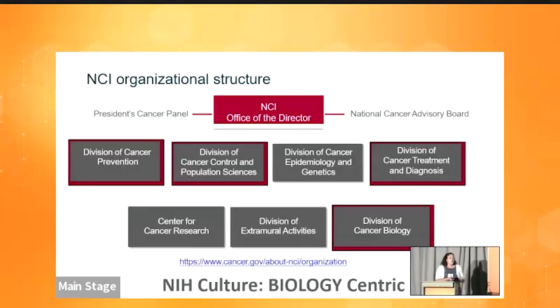The other thing that's really important though, is you need to understand the culture of any organization that you're sending your grant applications to. This is true of NCI or NIH or DOD or anybody else. And one thing you should know is that at NIH, biology is king.